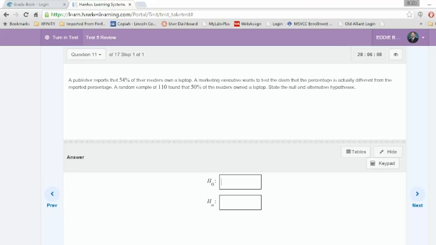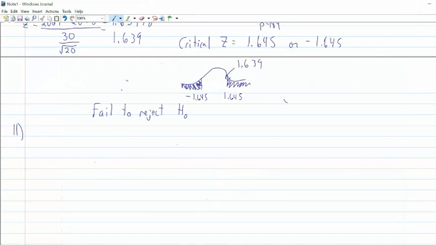So it's like an equal to or not equal to type deal. They're trying to test a claim that it's not equal to 54%. The opposite of that is equal to 54%, 0.54. So the null hypothesis is going to be P equals 0.54, and the alternate hypothesis is going to be P is not equal to 0.54.